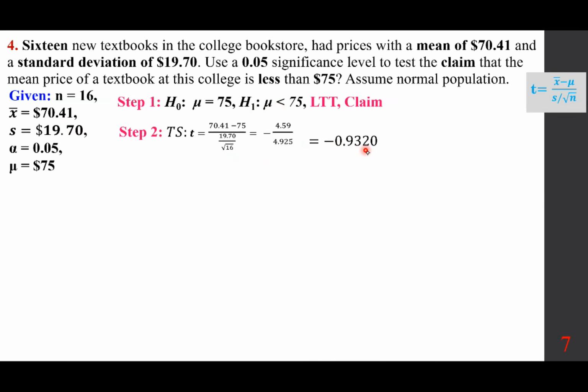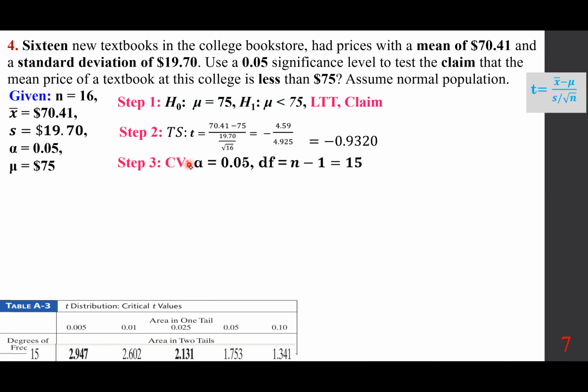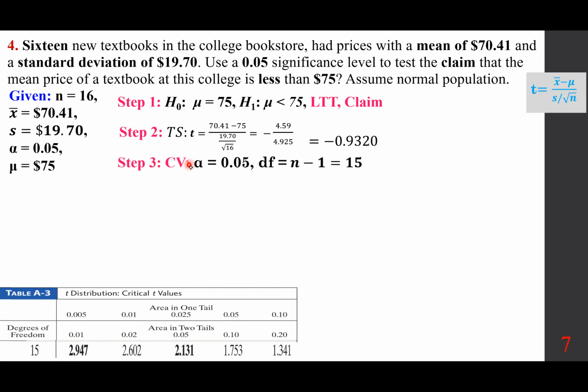Again, with the traditional method of using critical value, alpha is given to be 0.05. Degrees of freedom is n minus 1, or 15. And we can find the value of T, for example, to remind everybody, from the table.